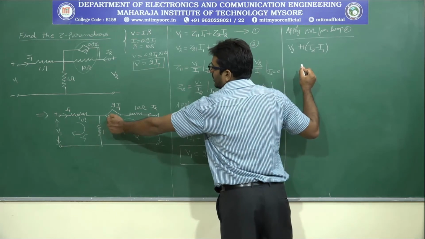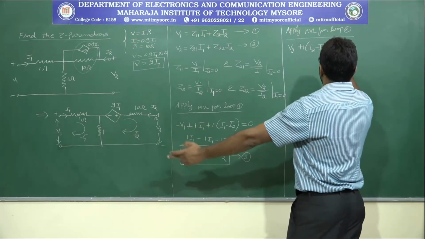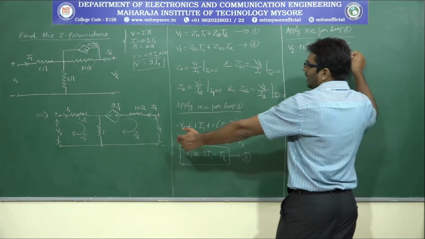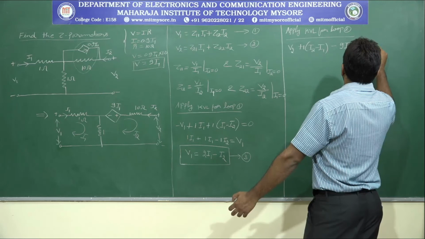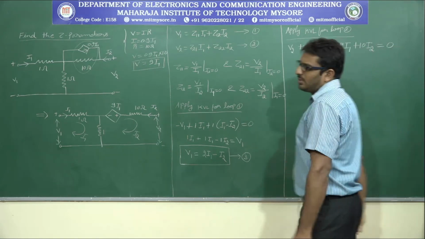Again it meets the polarity minus, so that is the voltage source, 9 I1, plus 10 into, what is the current flowing through the 10 ohm resistor, 10 into I2, that is equal to 0.